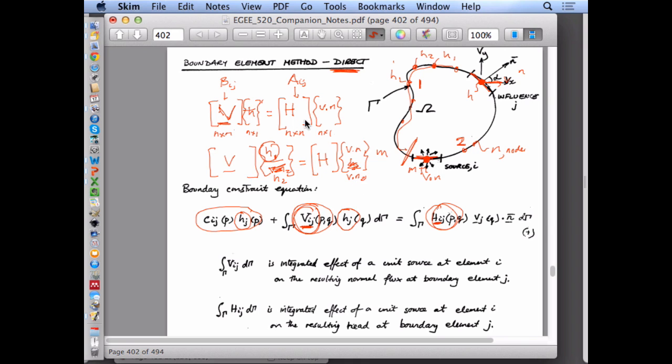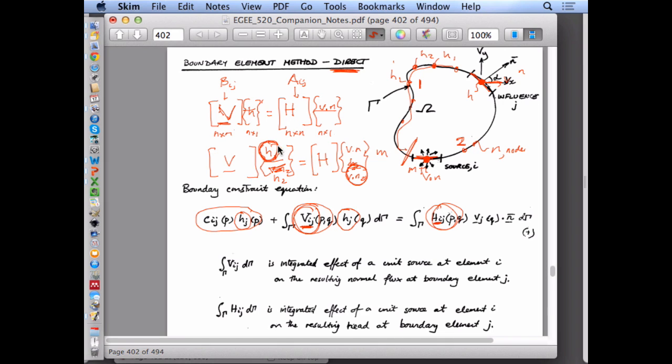So if you divide each of these vectors in half, the first values would be the heads at nodes where we know the heads, and the second ones would be heads where we don't know the heads because we know the velocities. The only point I was going to make is that we know the heads at these locations, and we know the velocities at these locations, and so we have a total of n equations to solve.